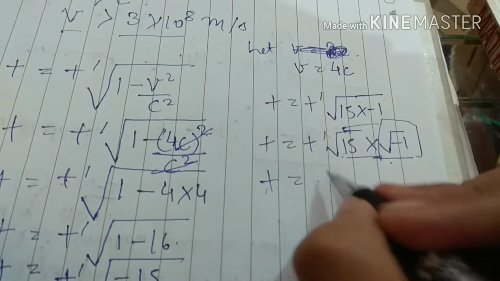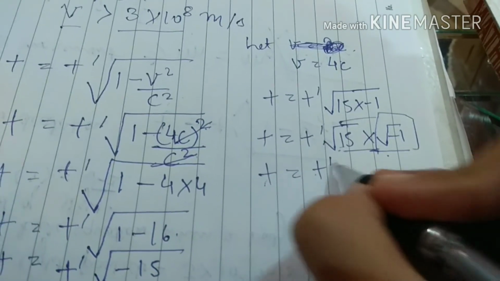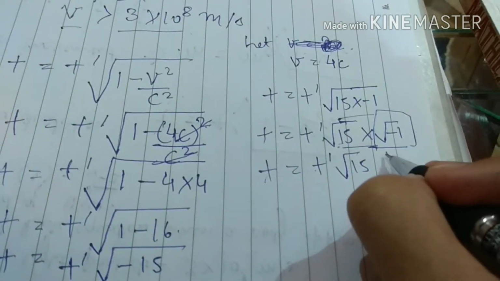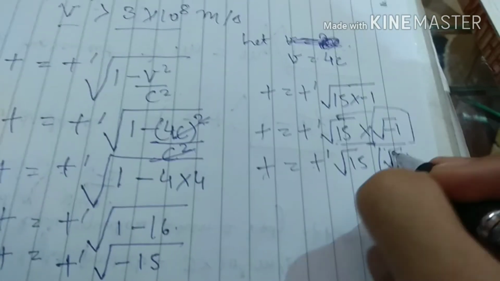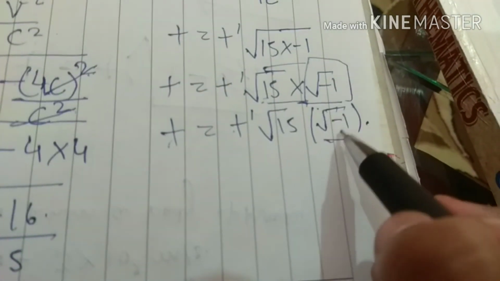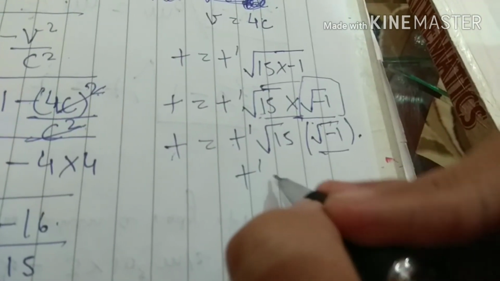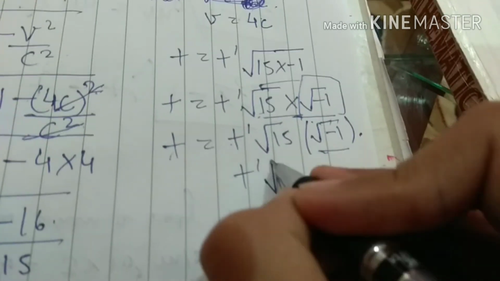Of course, it is an irrational number, but it can be written as t prime under root 15 times root of negative 1. So guys, an observation can be made here. This is the root of negative 1, so this is i. It will be equal to t prime root 15 times i.